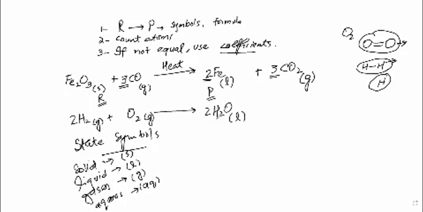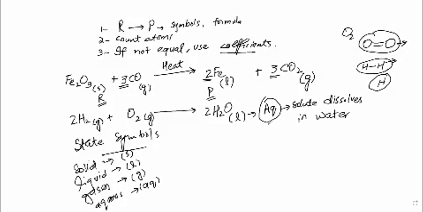Make sure that we can't write H2O as aqueous because this is the liquid. Aqueous we write when some solute dissolves in a liquid, which liquid? Water.